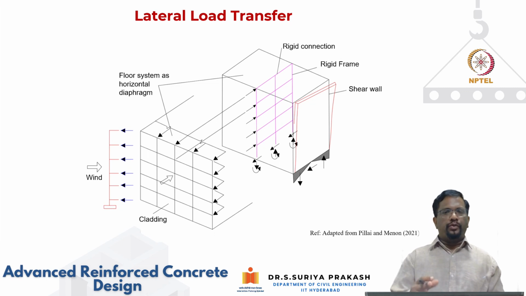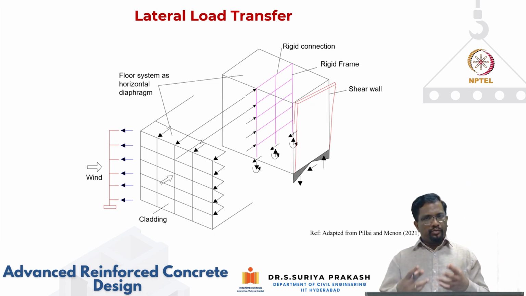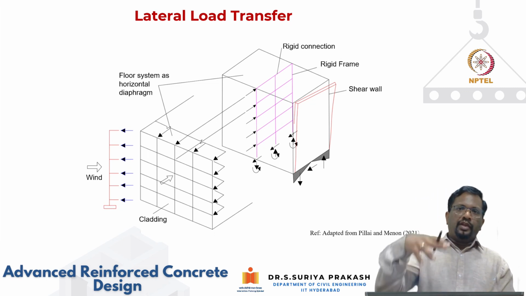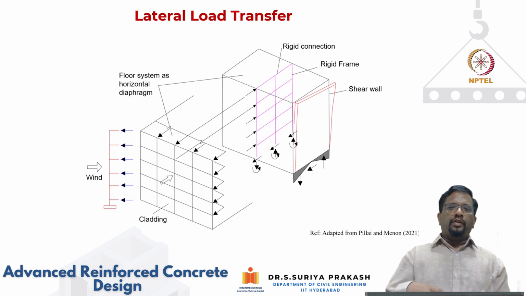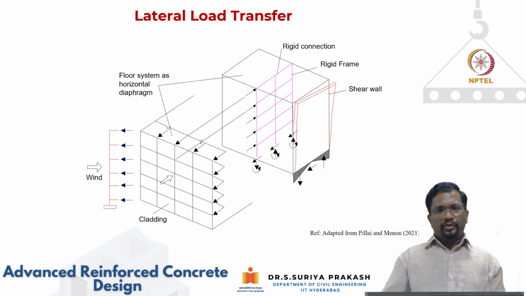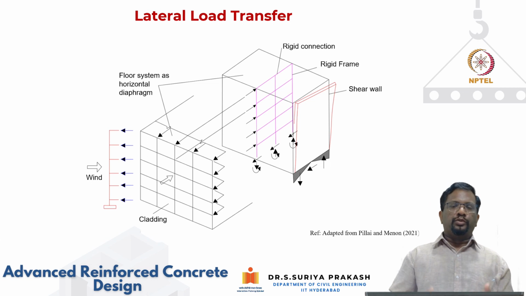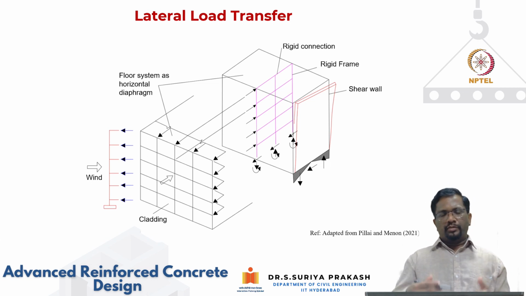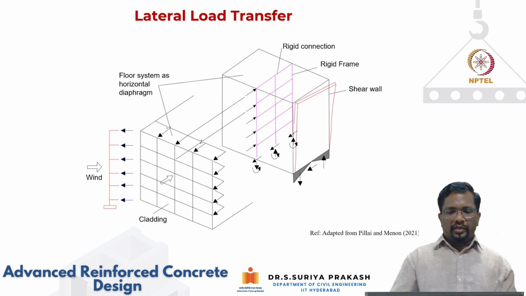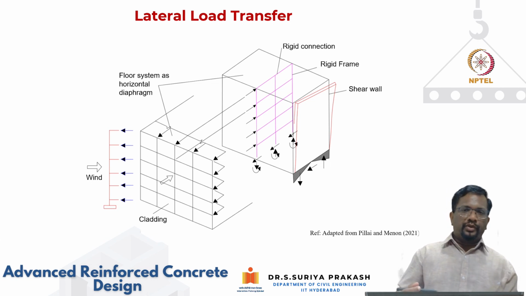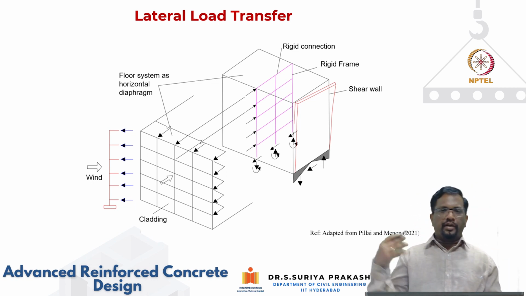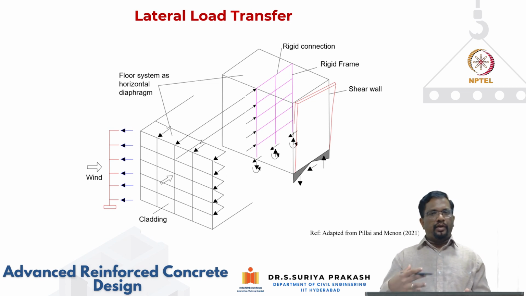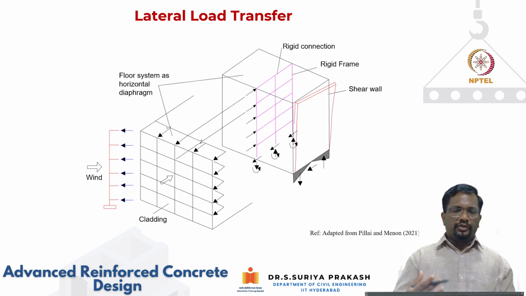As I've told you, in a building we typically have two types of load resisting systems. The gravity load resisting system takes care of the dead loads, live loads and superimposed loads that we are putting on the system. These are called the gravity load system. We also have lateral loads coming from wind and earthquakes, so that also has to be designed.